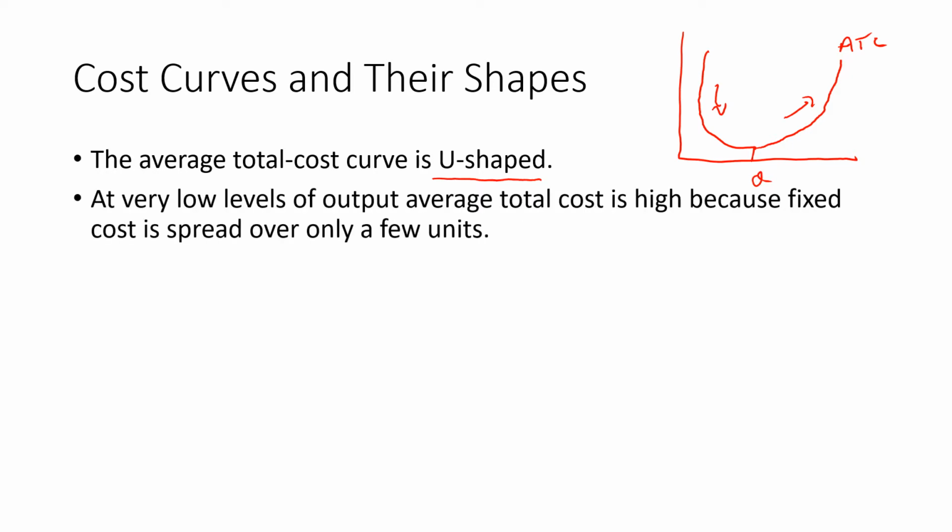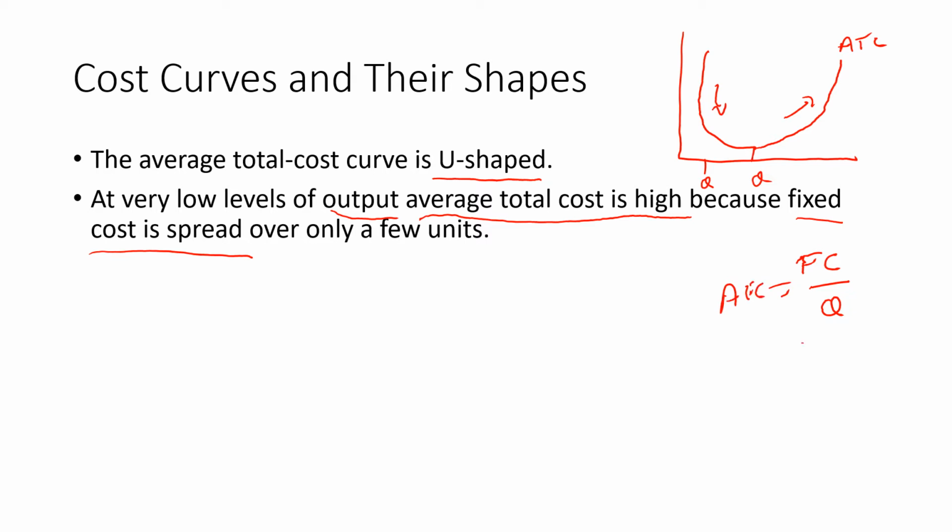At a very low level of output, that is when Q is low, the average total cost is high because the fixed cost is spread over only a few units. We know that the fixed cost divided by quantity is the average fixed cost.